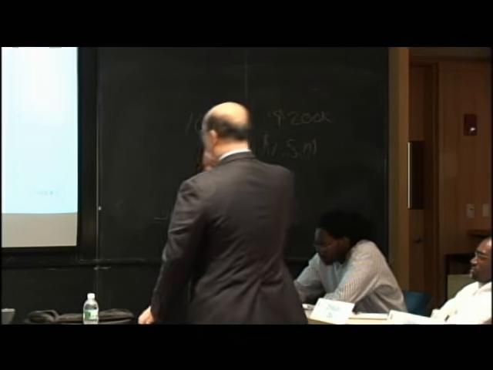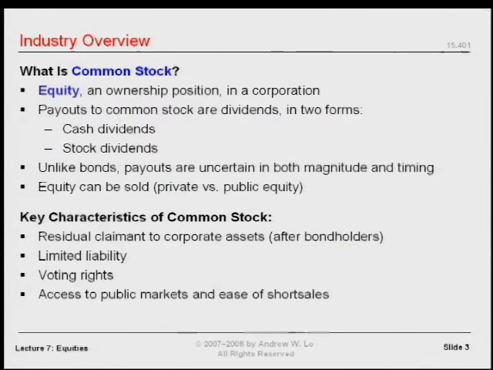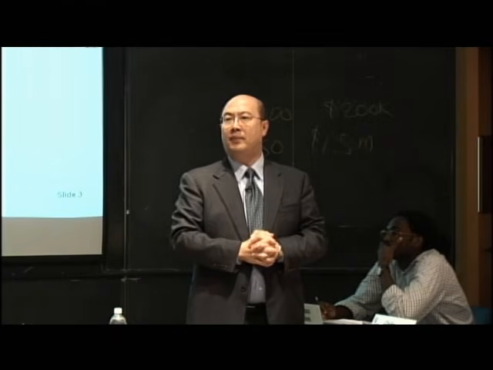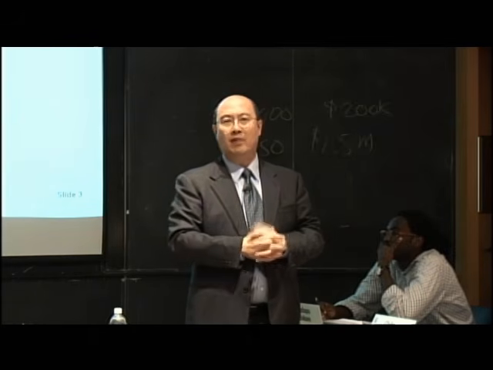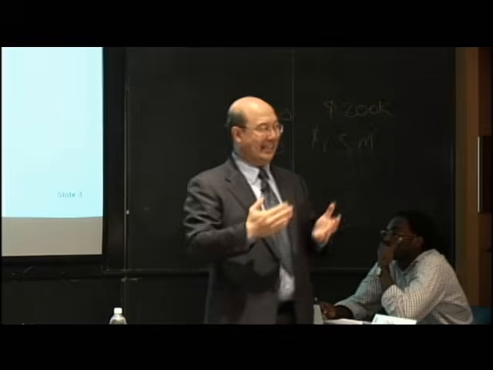Now, there's also voting rights and the ability to access public markets. What that means is that you can actually get other people, large numbers of people, to co-invest with you. So that's particularly important when you're thinking about taking on very, very ambitious projects. For example, if you want to start up a biotech company, biotech companies require more than a few $100,000 to get started.